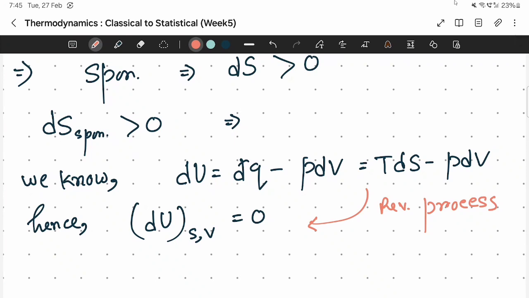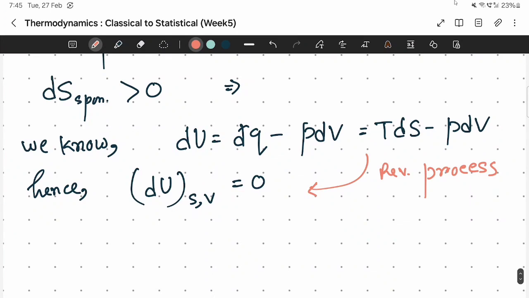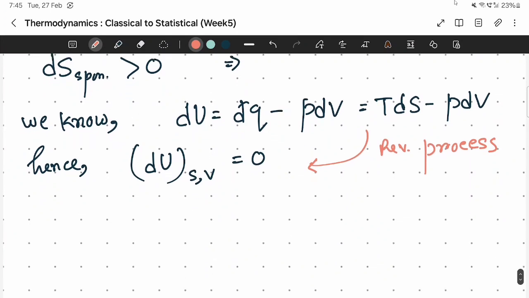So now the entropy change for a spontaneous process is greater than 0. How can we do that?